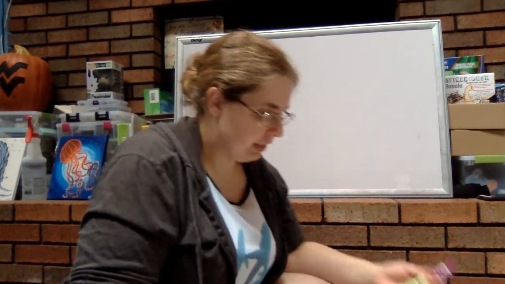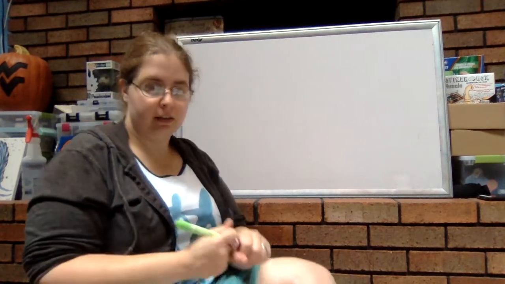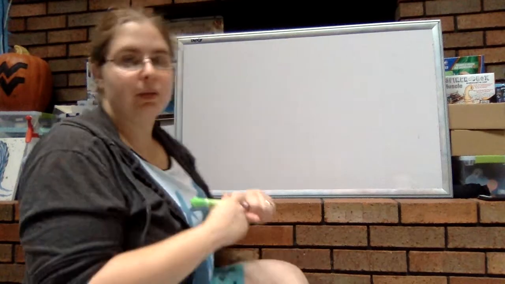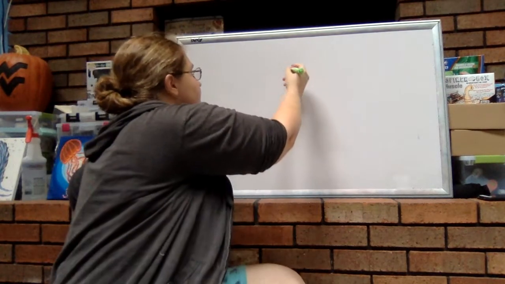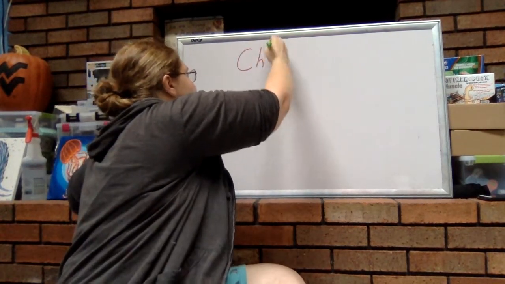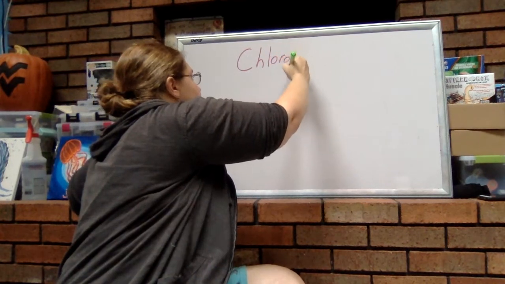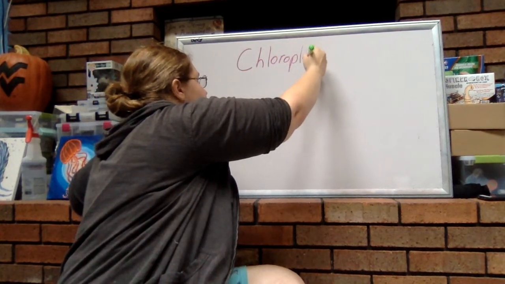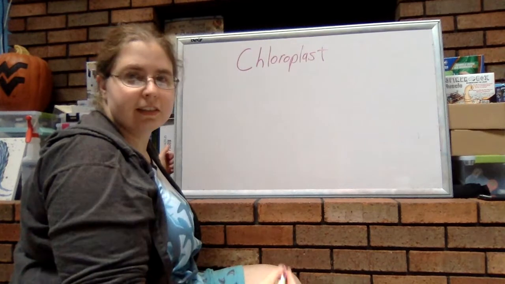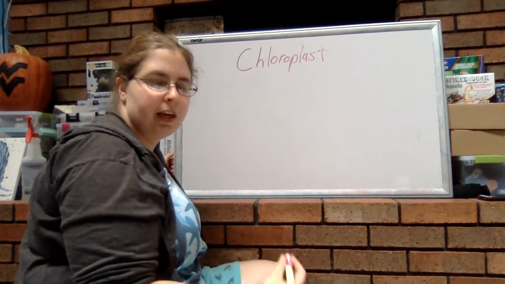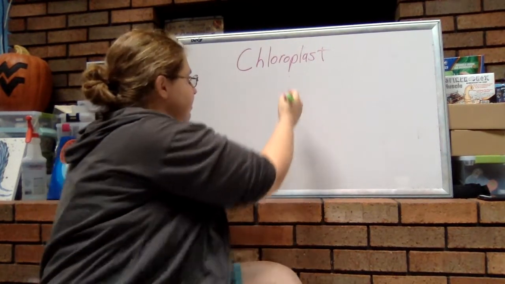Anyways, so let's start talking about photosynthesis, and let's especially start by talking about the chloroplast. So the chloroplast is a cell organelle that does photosynthesis.